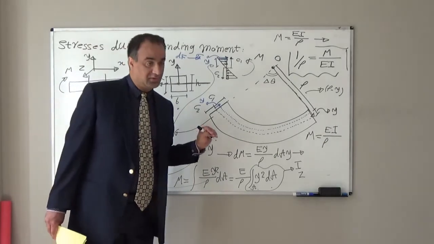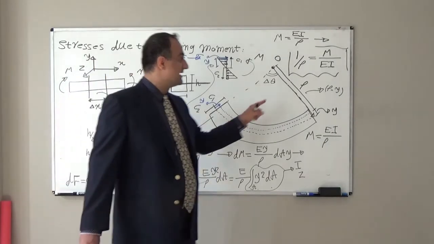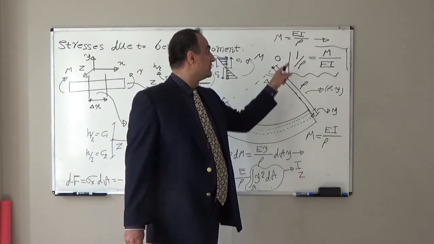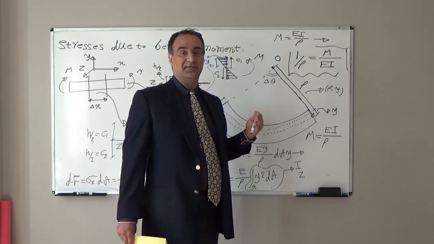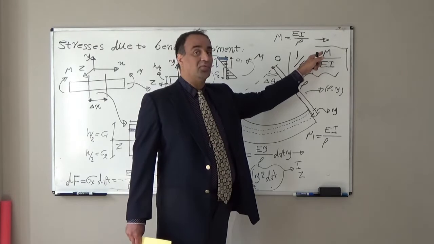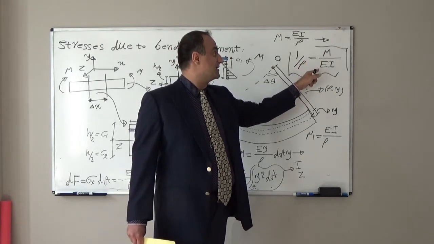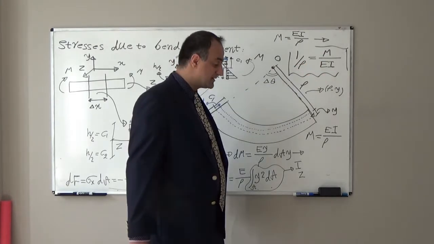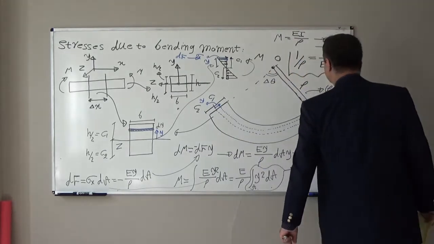Rho is the radius of curvature. 1 over rho we call in math the curvature. Curvature is equal to moment divided by Young's modulus times moment of inertia.